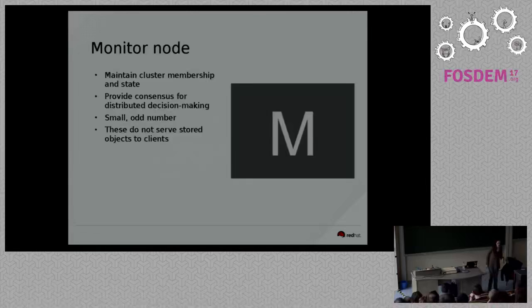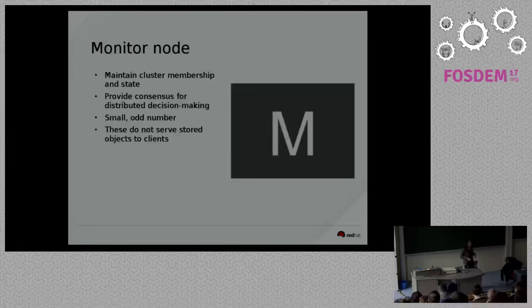The other kind of node we have is the monitor nodes. They store all the clustering logic. They maintain the cluster membership, so if an OSD fails, the monitors get a notification, because another OSD will notice that the OSD is not responding, and it will notify the monitor there's a failure, and then the monitor will spread it to the other OSDs.